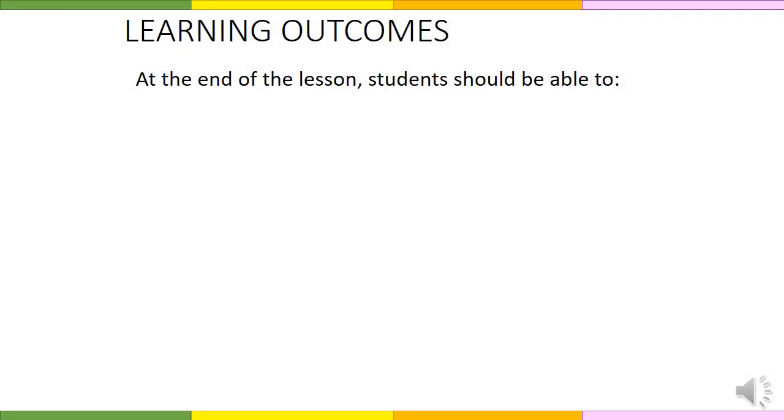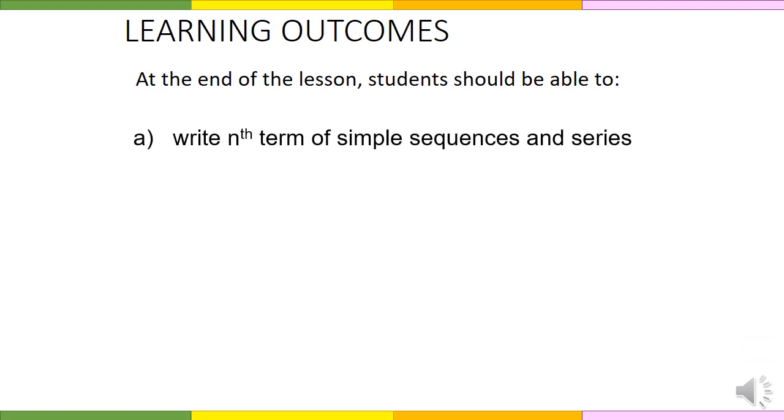So the learning outcomes for this lecture: at the end of the lesson, students should be able to, in the first part of this lecture, write the nth term of simple sequences and series. Means that we are going to focus on the general type of sequences and series.